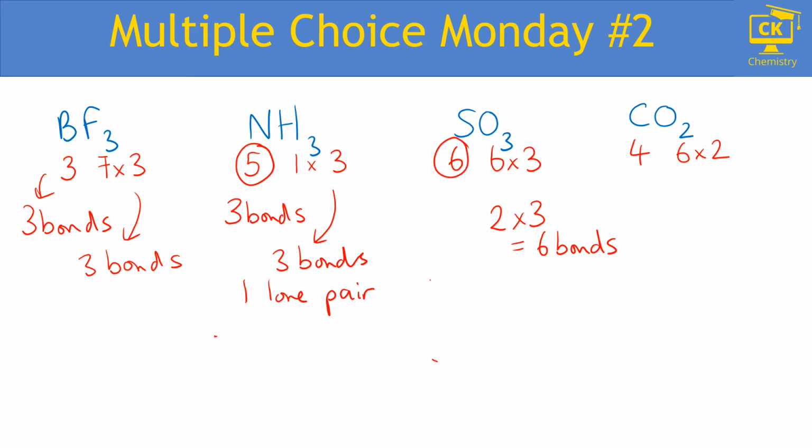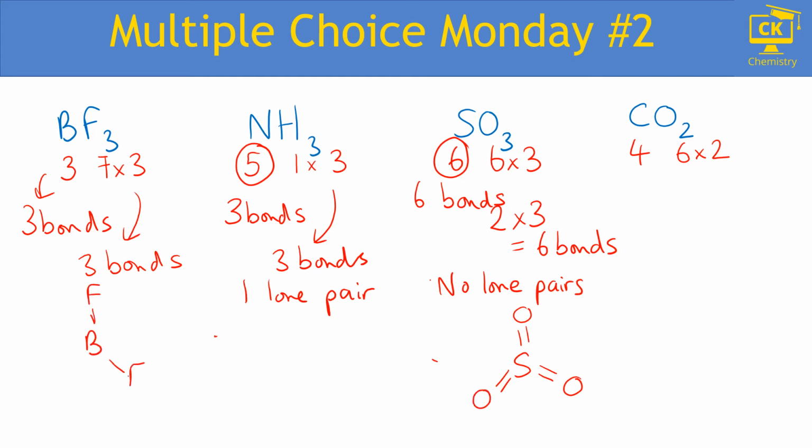That means that sulfur is using all its electrons in that molecule. There will be no lone pairs. Each oxygen will form a double bond, and this is a classic example of a trigonal planar shape. So it has exactly the same shape as our BF3, and although the bonds are polar, they're being cancelled out because they're all 120 degrees apart.